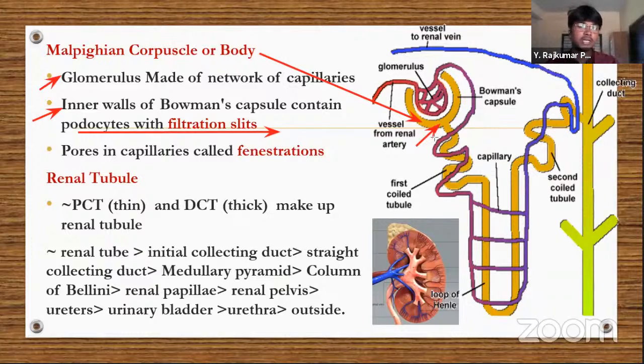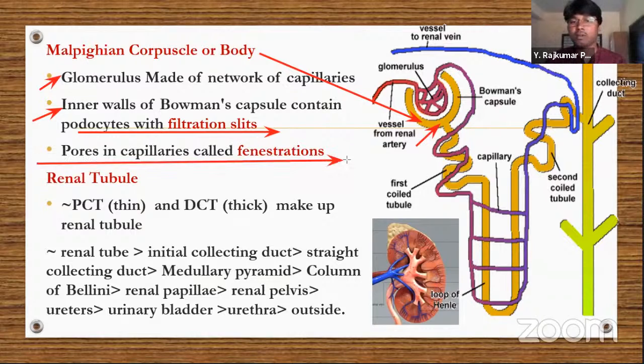They are so minute and they are helpful for receiving the liquid part, the waste materials from the blood. Okay. Urine is basically being filtered in the glomerulus, and this filtered urine is received by the Bowman's capsule with the help of these filtration slits.